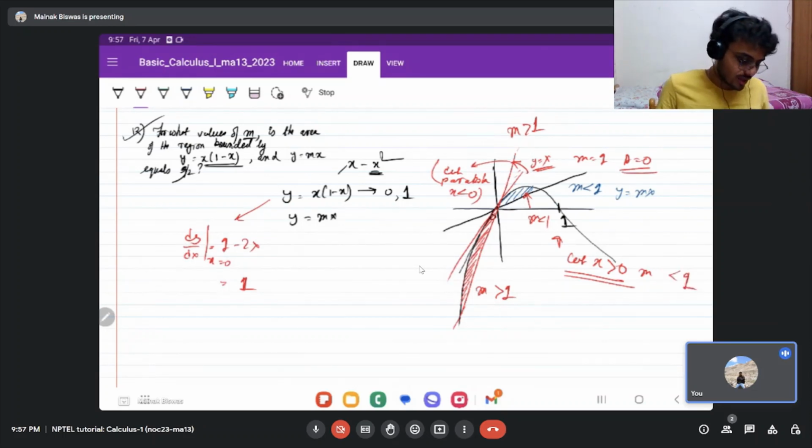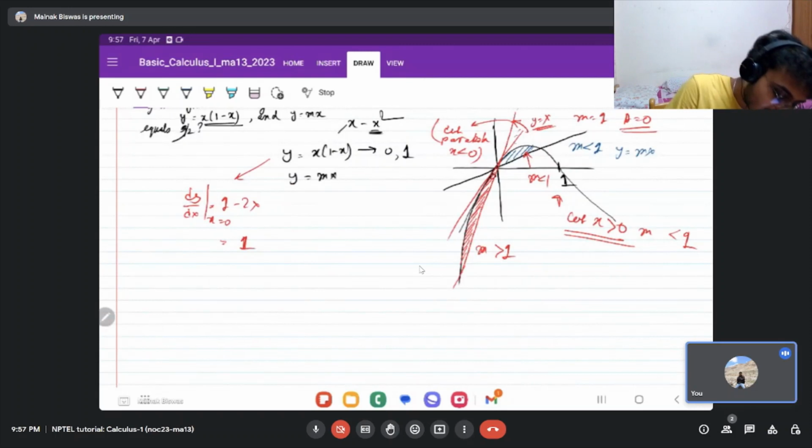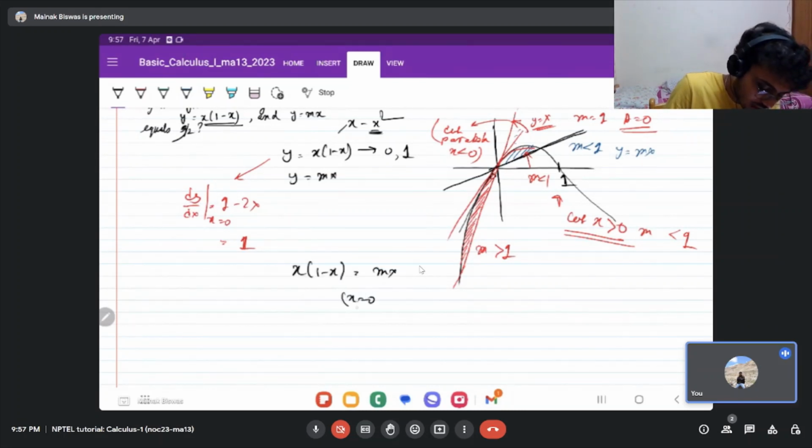So let's solve this question. First, let's find at what points this curve cuts this line. So x into x minus 1 is equal to mx, x is equal to 0 is a solution, and 1 minus x is equal to m. So case 1 we are solving m less than 1.